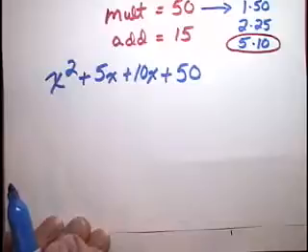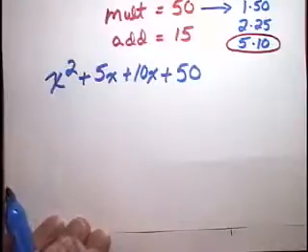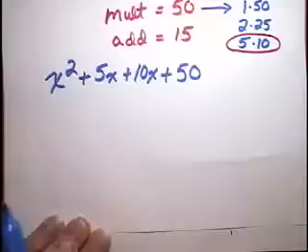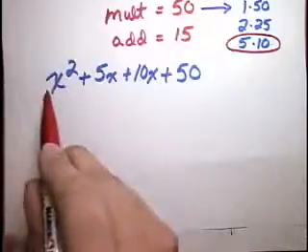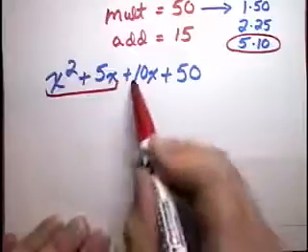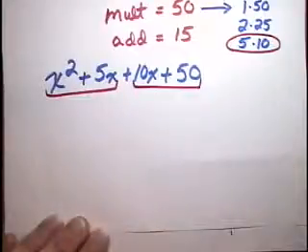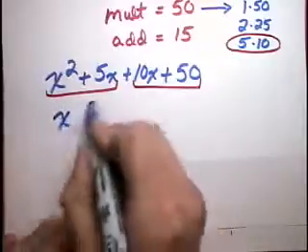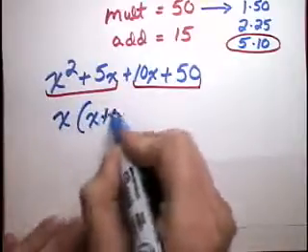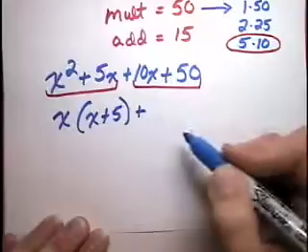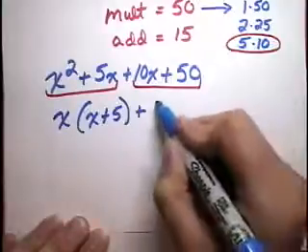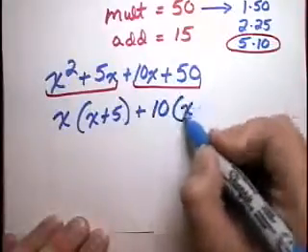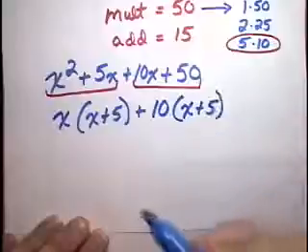And now we have 4 terms, and we know a factoring method when we have 4 terms, and we call that method factor by grouping. So I'm going to remove what the first 2 terms have in common and what the last 2 terms have in common to factor this by grouping. So I remove the x, and I'm left with x plus 5. 10x and 50 both have a 10 in common, which leaves me with x plus 5.